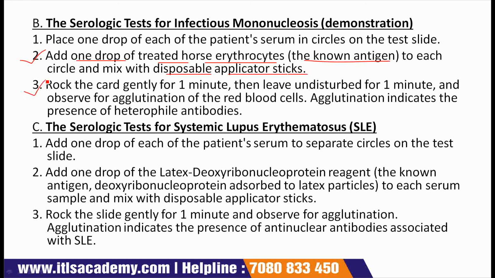Next point, rock the card gently for 1 minute, then leave undisturbed for 1 minute and observe for agglutination of the red blood cells. Agglutination indicates the presence of heterophile antibodies.